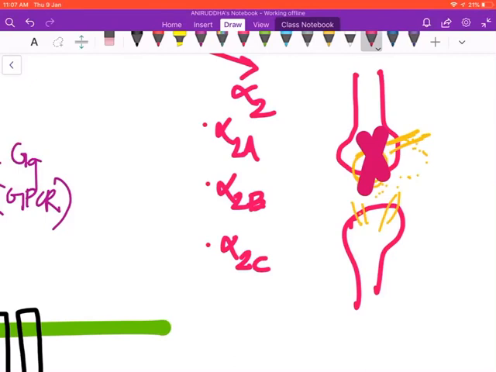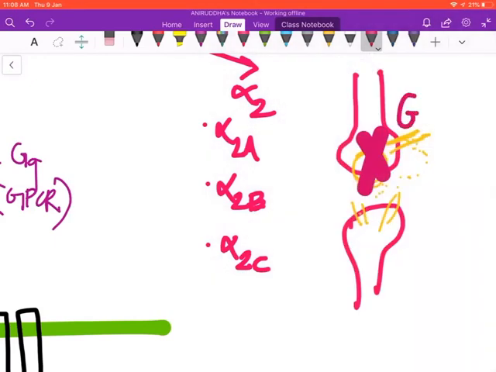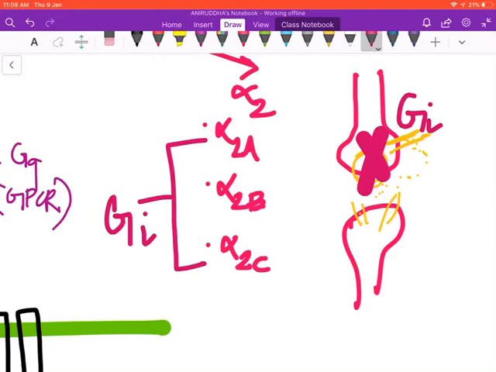It is a Gi type, but this is true for alpha 2A and most of alpha 2C. They are Gi type, present presynaptically, and are autoreceptors.